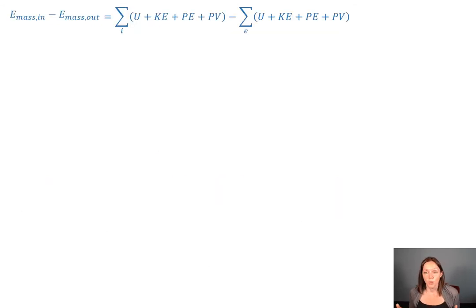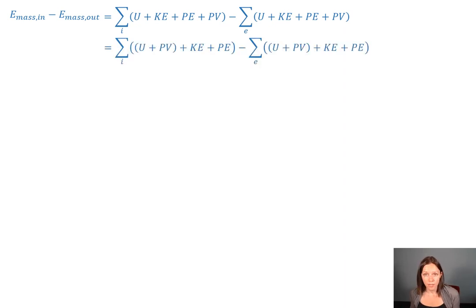All right, so let's put things together. So the energy of the mass coming in and out, I may have multiple inlets and outlets, so I need to put a summation to account for that. And the mass coming in, for example, has four types of energy associated with it: internal energy, kinetic energy, potential energy, and flow work or flow energy.